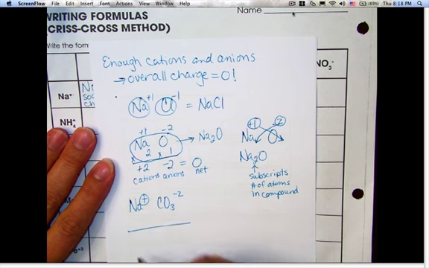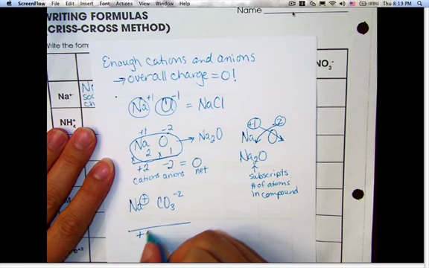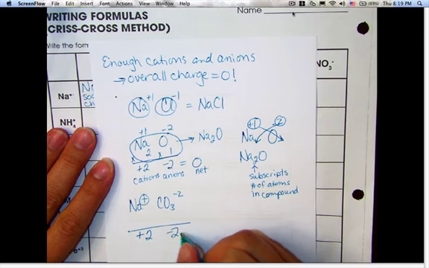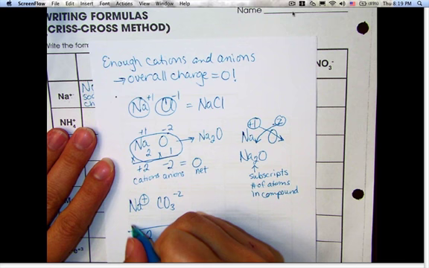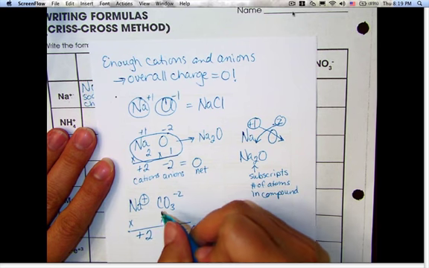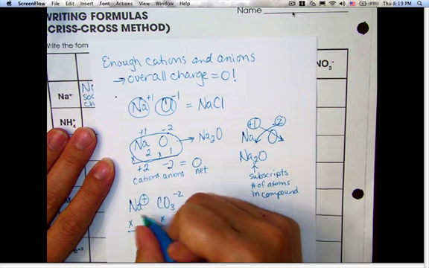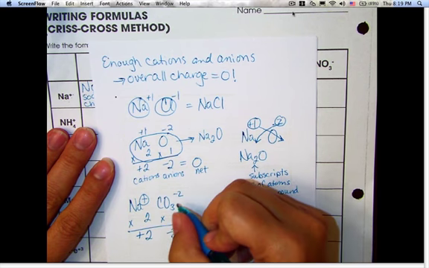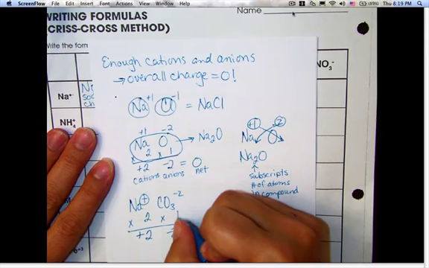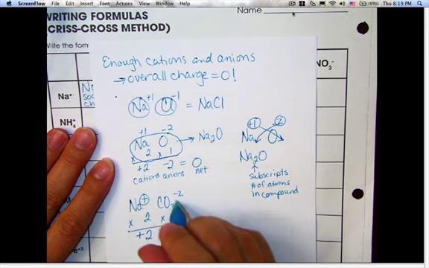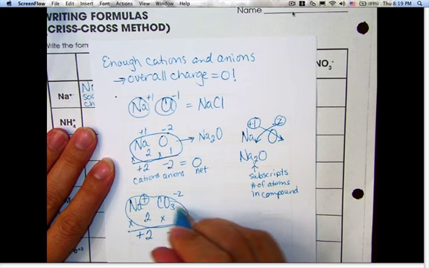That's +1. Again, the least common multiple is 2. So +2 for the cations, -2 for the anions. It has to equal 0 overall. So I'm going to multiply the sodium +1 times 2 to get 2. And I multiply the carbonate -2 times 1 to get -2. And then this part is the chemical formula.